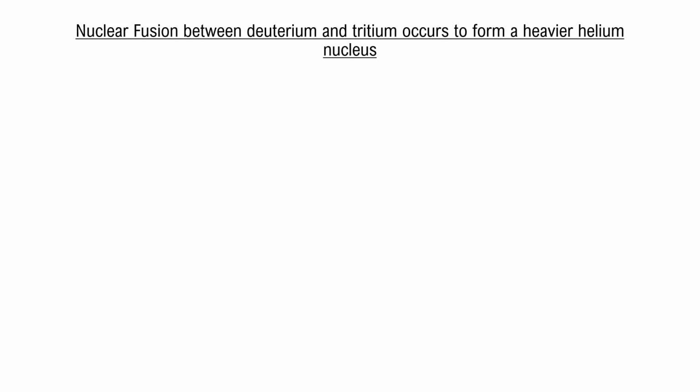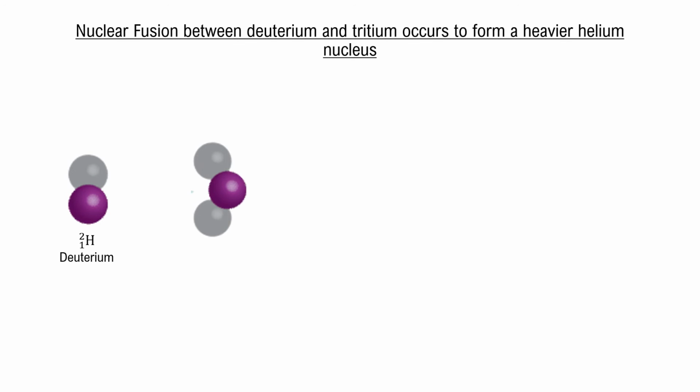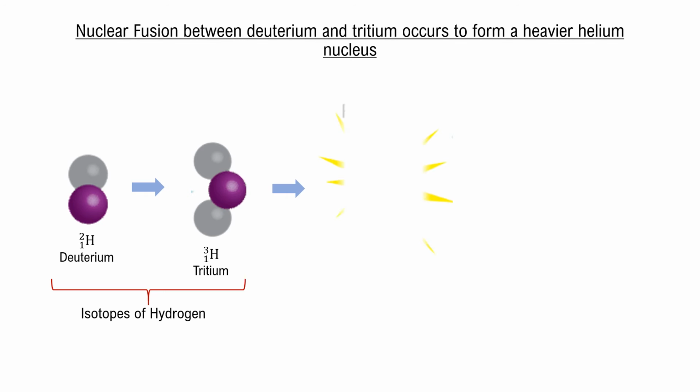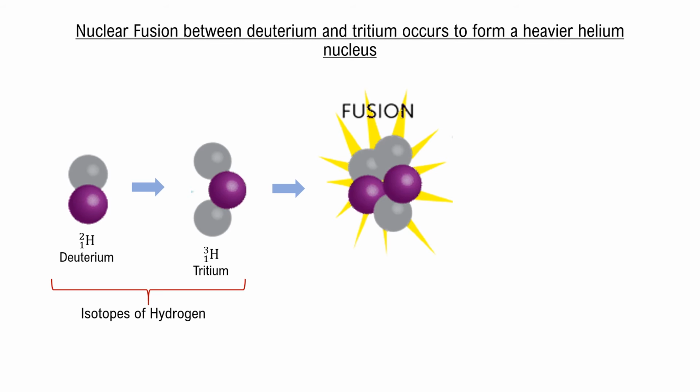Next is the nuclear fusion between deuterium and tritium, which occurs to form a heavier helium nucleus. Here we have deuterium and a tritium, and they are isotopes of hydrogen. When we have two atoms or two nuclei, we make them combine together, so the process of fusion will occur.